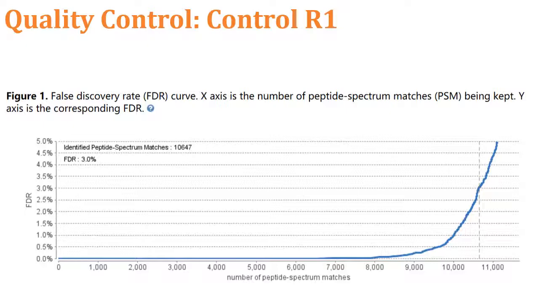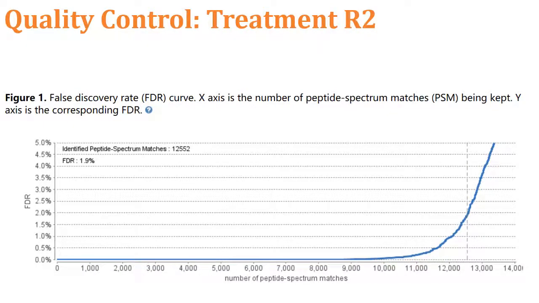In this study, the curve of the control group increased in advance around 9,000, but reliable identification spectrograms are still dominant. No major problems were reported in the FDR curve of the treatment group.